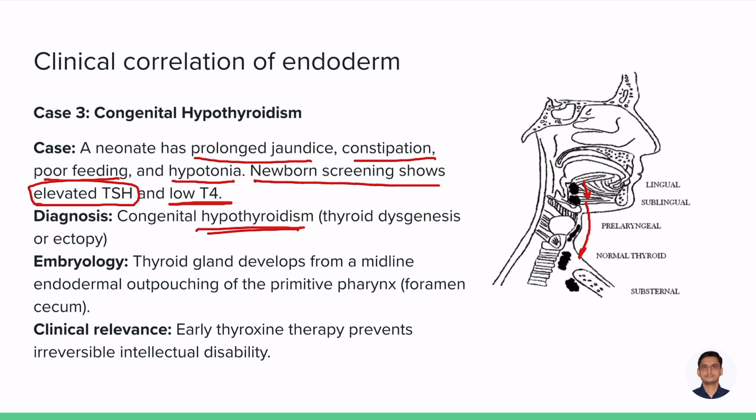It starts to migrate from the floor of the oropharynx to reach the neck, and any abnormality in this path can result in ectopic thyroid, which can cause congenital hypothyroidism. Treatment is early thyroid therapy, which is very important because otherwise congenital hypothyroidism causes irreversible intellectual disability.